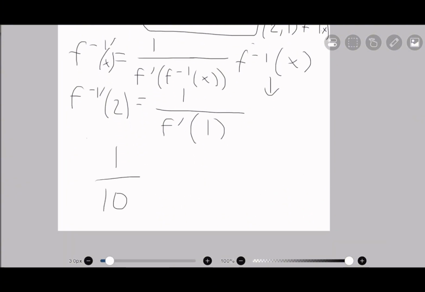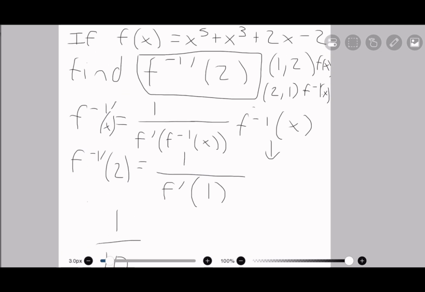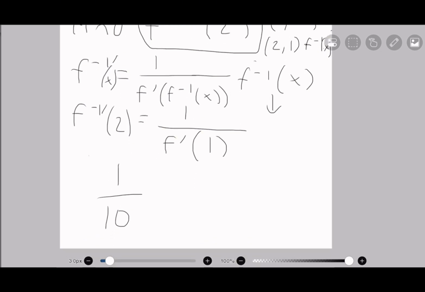Okay, so another thing to remember, we can use this formula here, yes, but what you're basically doing with this formula is you're just saying that the slope we found for f of x, so that derivative slope we found for f at x equals 1, that was 10.